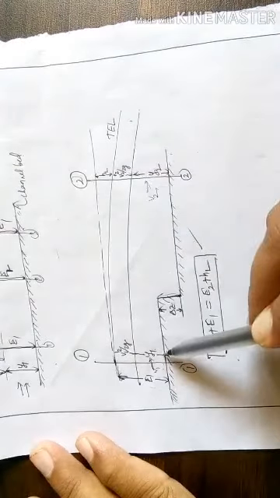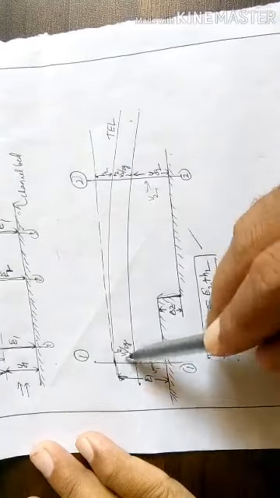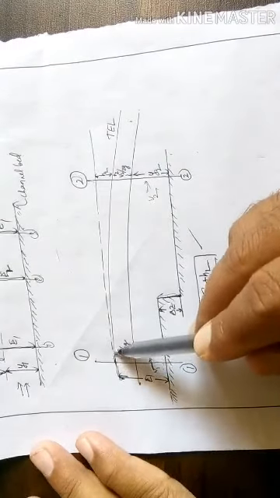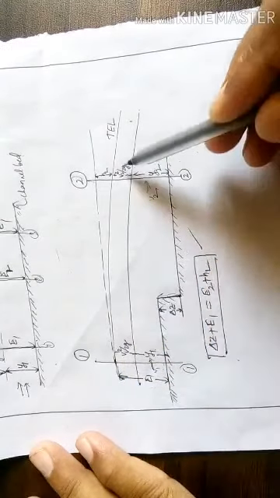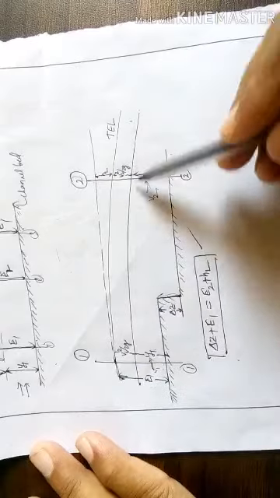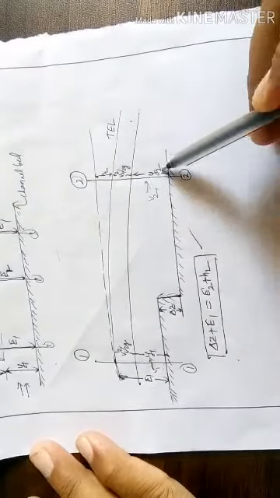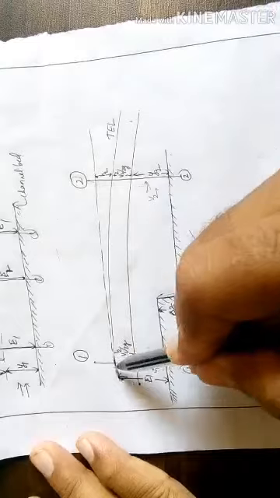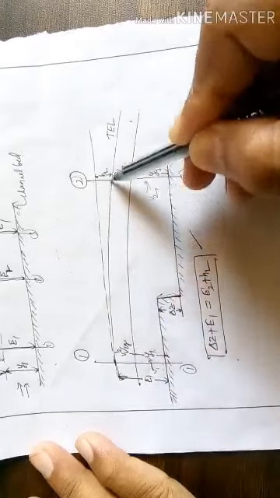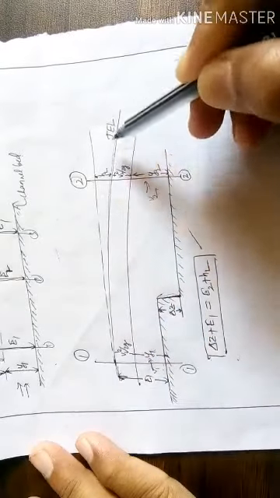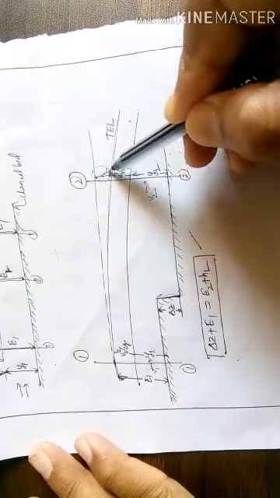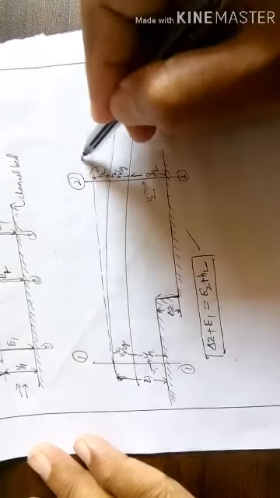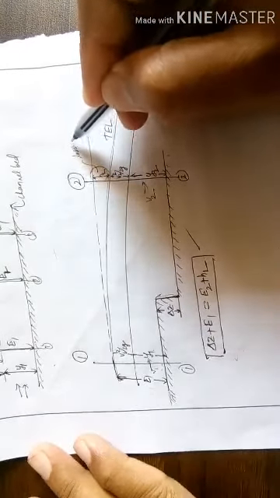When we mark the energy line, this point represents the energy line, then along the direction of flow the energy decreases. Then energy at 2 will be y2 plus v2 square by 2g, and this line represents the total energy line, TEL, and this is the loss. HL is the loss due to friction.